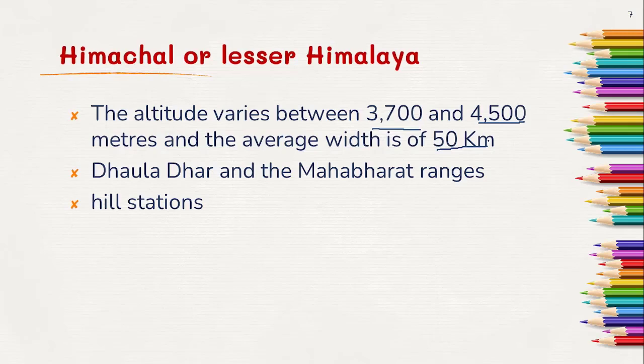Some of the important ranges in Lesser Himalayas and Himachal are called Dauladar ranges or Mahabharata ranges, and many hill stations are present in this Lesser Himalayas. Like we can also find here Kulu, Manali.